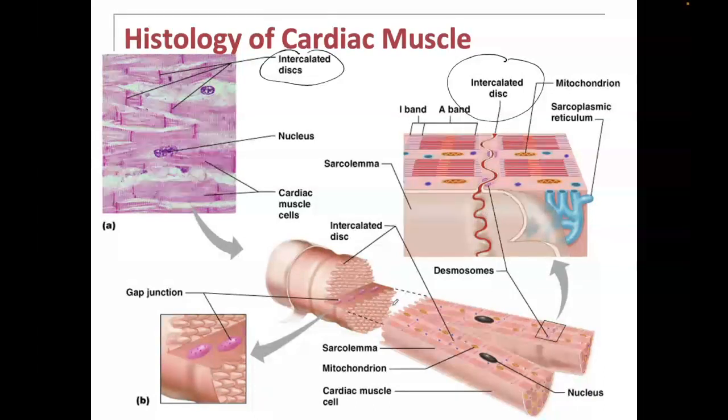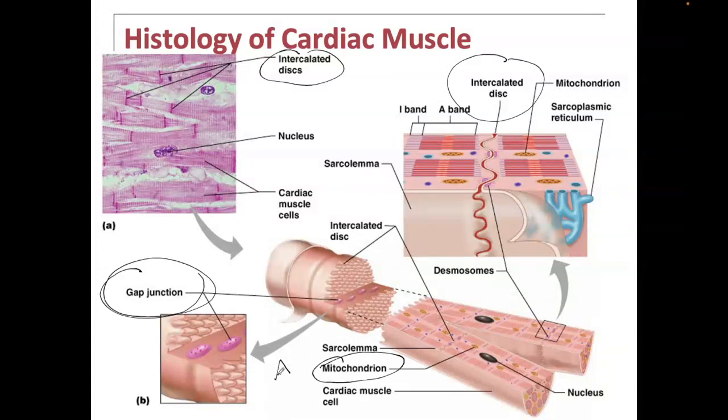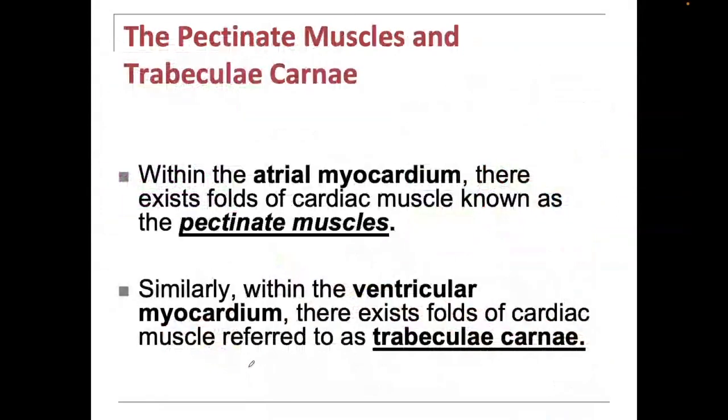And in between, if we separate them right in between, that's where we have these gap junctions, which are used for fast, rapid spreading of the electrical conduction from one heart cell to the other so the heart can contract in sync. Lots of mitochondria in the heart because we need lots of ATP to keep that heart beating. Remember, in the atrium we have pectinate muscles, and in the ventricles we have trabeculae carneae muscles.